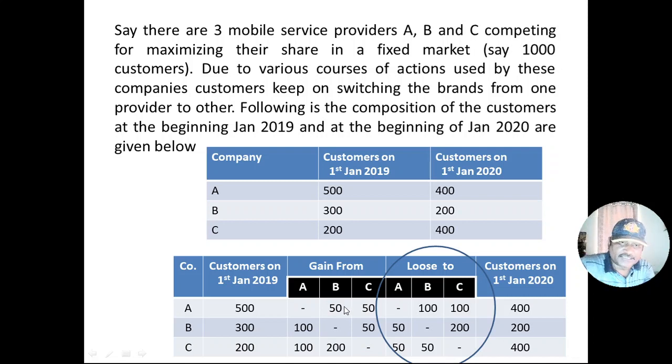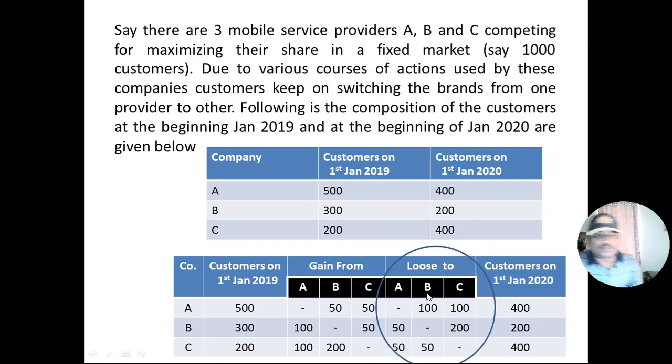It has gained 50 customers of B and 50 customers of C. So A has gained 50 and 50 from B and C, but simultaneously there was a loss of some customers from A to B and C, and that was A lost 100 customers to B and 100 customers to C. So there is total loss of 200 and gain of 100. Resultantly, the number of customers of company A are reduced down to 400.